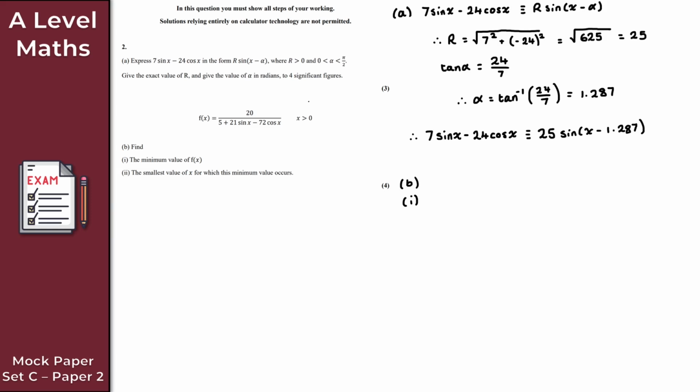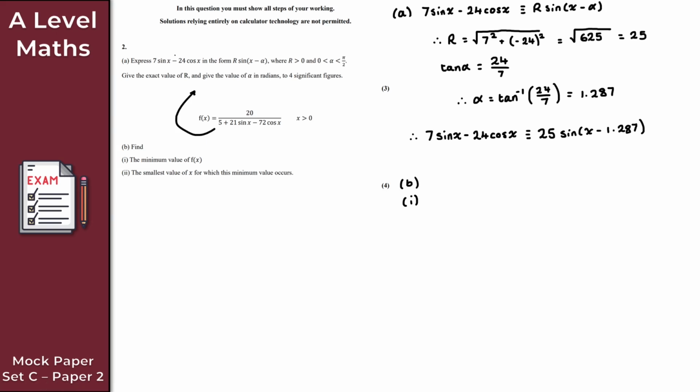Now, I'm looking at this function and thinking, is there any way that I can link that to part A, right? And what I noticed is 21 sine x minus 72 cos x looks very familiar, similar to the expression in part A. In fact, it's actually 3 lots of the expression in part A, right? 7 times 3 is 21, minus 24 times 3 is minus 72.